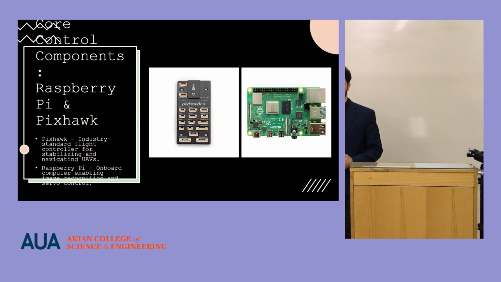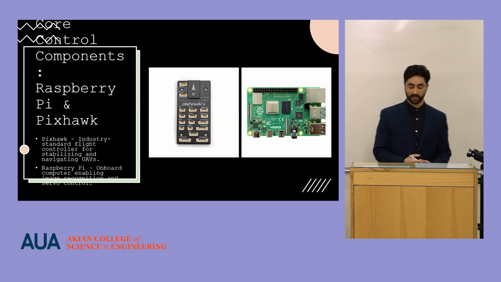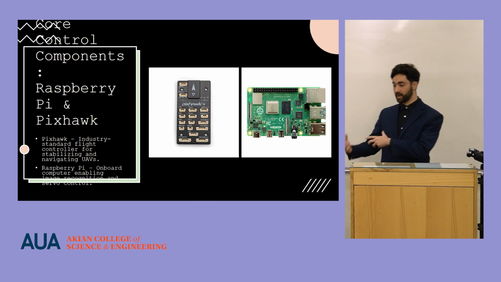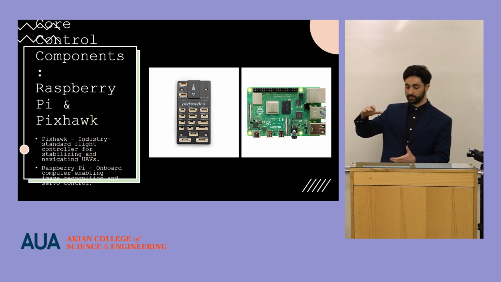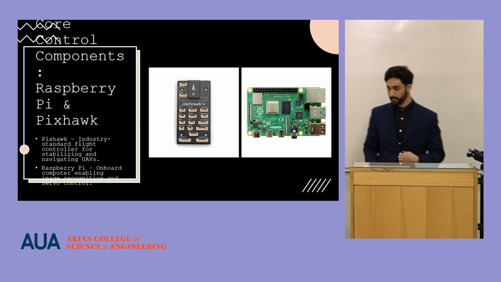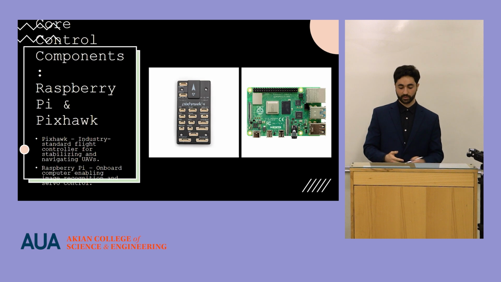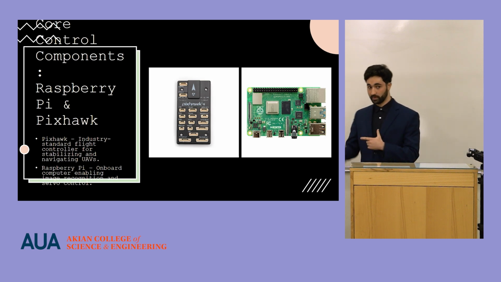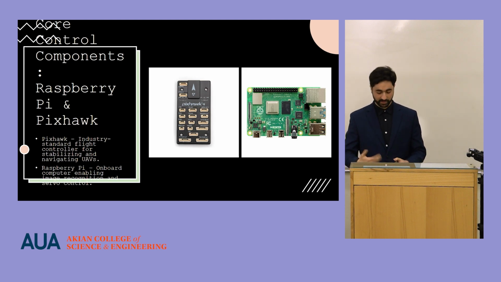It has a built-in accelerometer and gyroscope, and also it has its own built-in PID control algorithm. So whether the drone has a payload or not, it can stabilize the drone and keep it stable in the air. On the right here, we have Raspberry Pi, which is used to control the servos and the camera, which we will go in deeper later on.